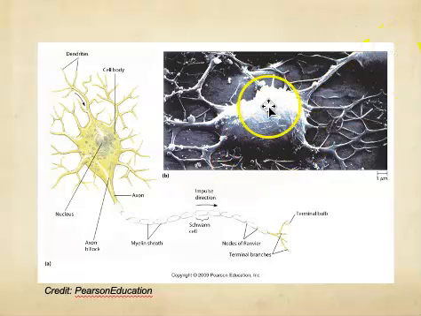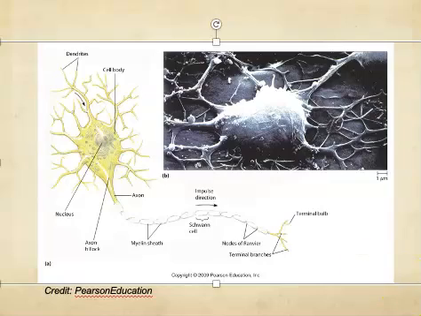You really get the feeling from this SEM image just how complex this system could become because of all of these membrane extensions. There's lots and lots of communication points between a neuron and other cells.